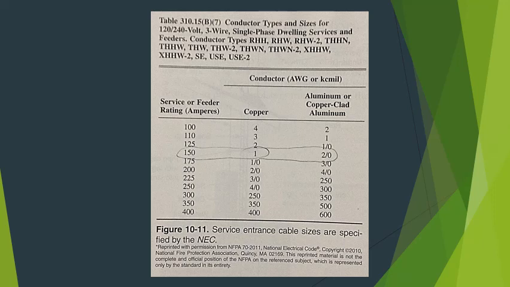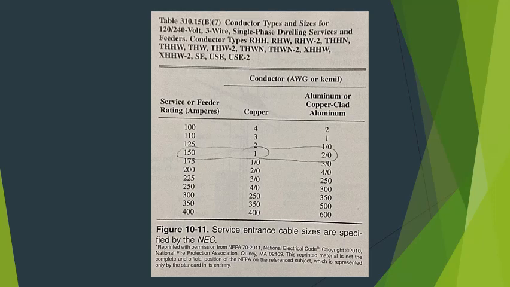Section 310.15(B)(7) instructs us on the proper types and sizes of conductors of 3-wire single-phase dwelling entrance services. Single-phase dwelling entrance services. For this, see figure 10-11.